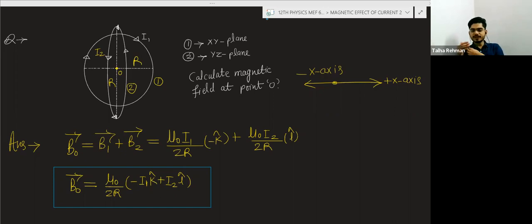In electric fields, the direction is very simple. No requirement of any rule. If the charge is positive, then the field will be away from the positive charge. If the charge is negative, then the direction of the electric field will be towards the charge. But here the direction of the magnetic field is a bit complicated compared to the electric field.